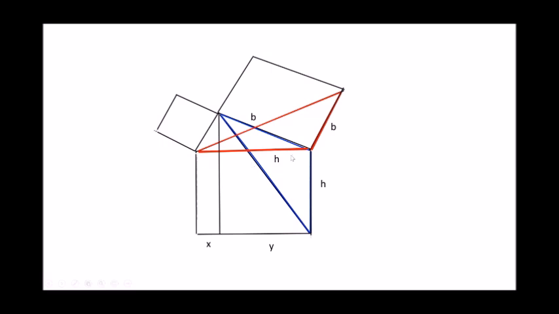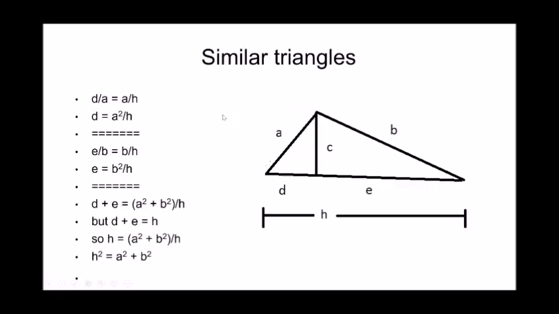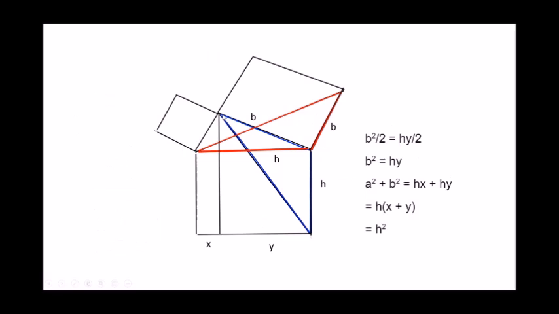They both share these sides H, they both share these sides B, and the angle between them is a right angle plus this internal angle here. And from that, again, looking at the areas, the area of this one is fairly clear: half the base times the perpendicular height, which is B squared over 2. And the area of this one is base times perpendicular height over 2, HY over 2.